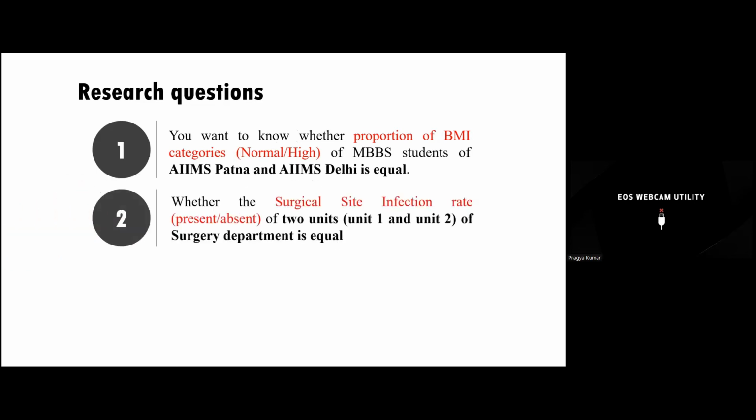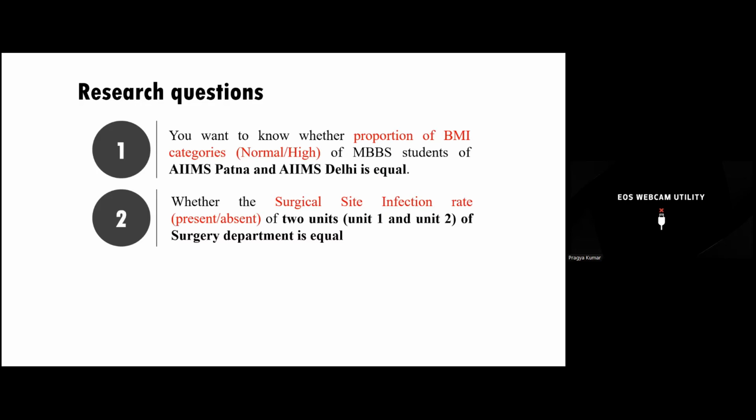The second: whether the surgical site infection rate, again categorized as present or absent, of two units, unit 1 and unit 2 of the surgical department, is equal or not. So I have two different samples, surgical department 1 and surgical department 2, and I want to compare the proportion of surgical site infection rate.